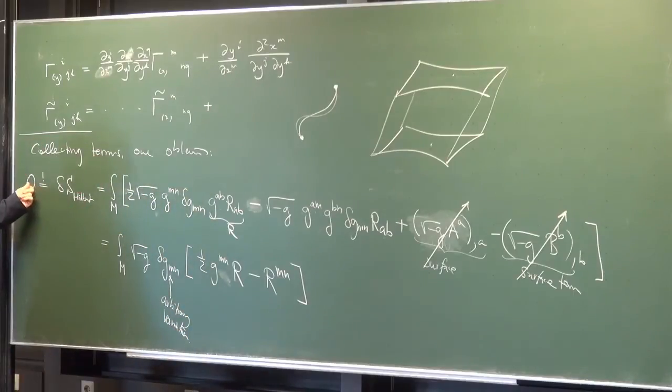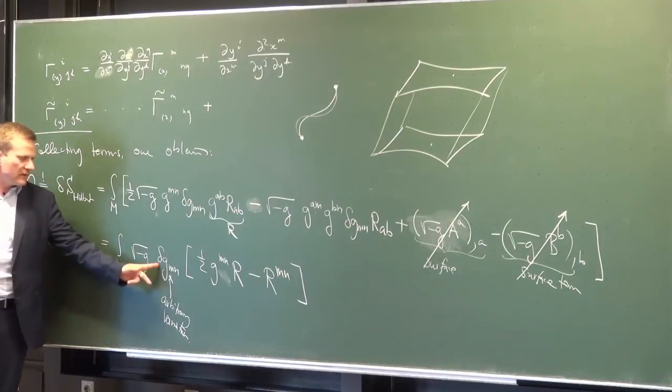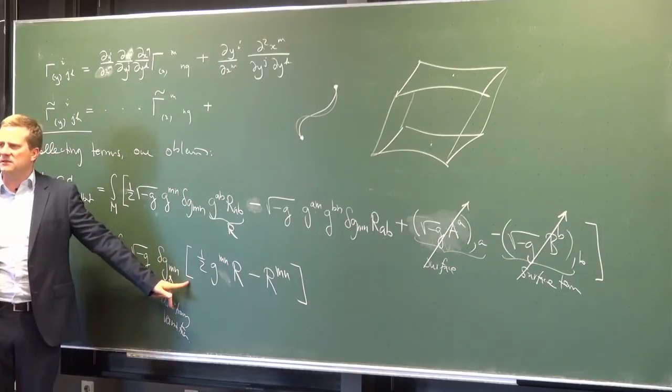Because that variation is arbitrary, we can conclude from the vanishing of the integral for an arbitrary variation, the square bracket must vanish.